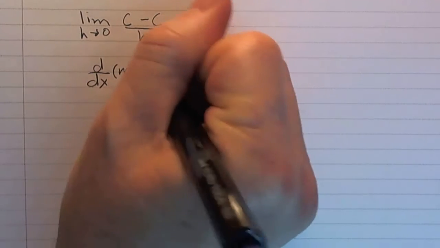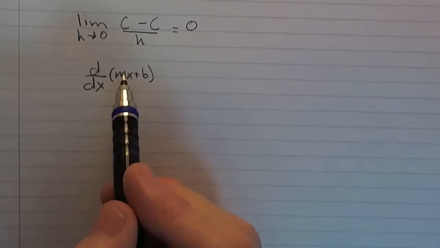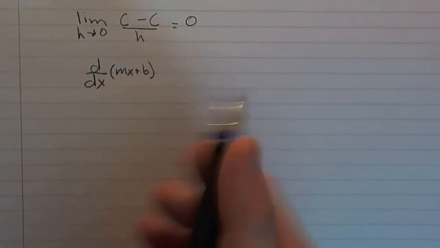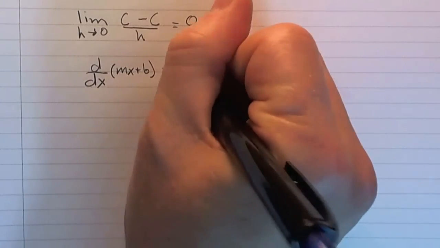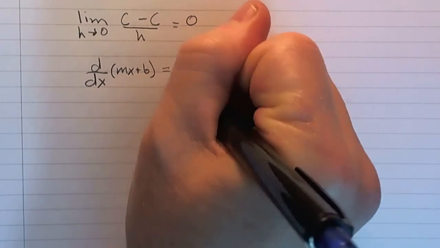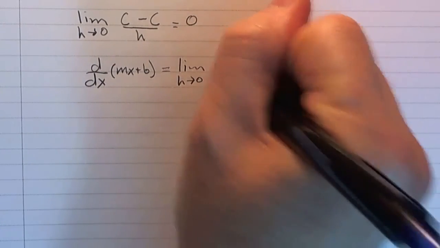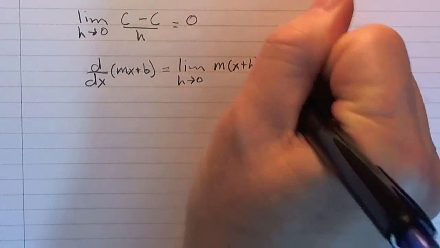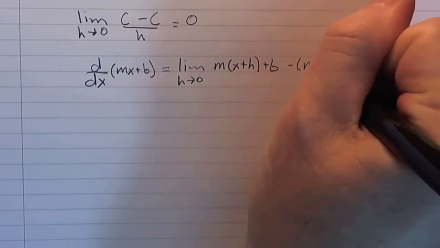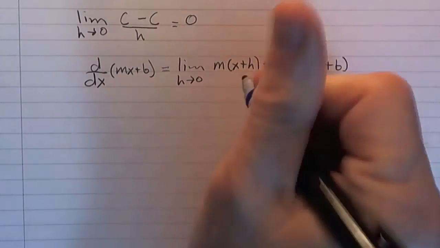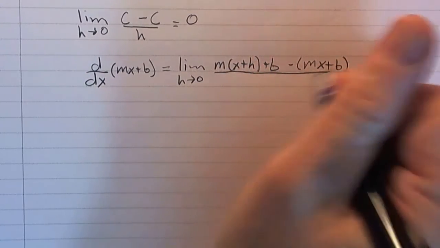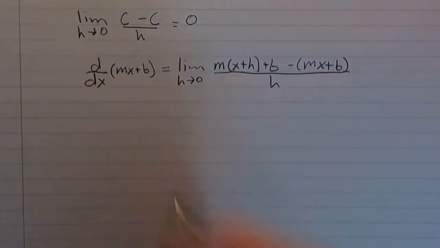Now, remember also the derivative of a line. Let's suppose we've got mx plus b. Now, remember, the derivative is the slope of the tangent. Well, the slope of a tangent for a line is just the slope of the line. But if we put this in the difference quotient, let's see what that would look like. This would be m times x plus h plus b minus mx plus b all over h. And let's see what this looks like.